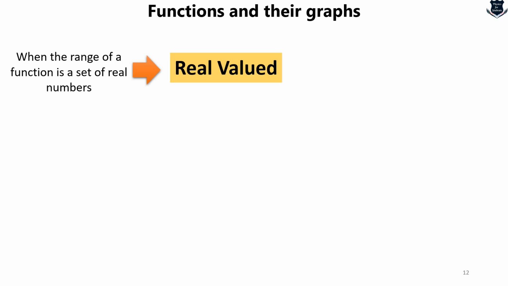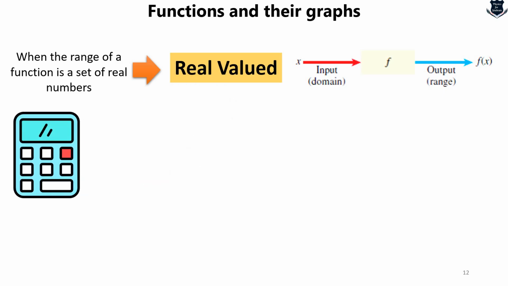Now, that brings us to this part. Let us imagine again a function f is like a machine that produces an output value f of x in its range, whenever we feed an input value x from its domain. And we have seen what domain is. So you can imagine the function keys on a calculator. For example, this is a calculator and you've got a function key, which is a kind of function machine.